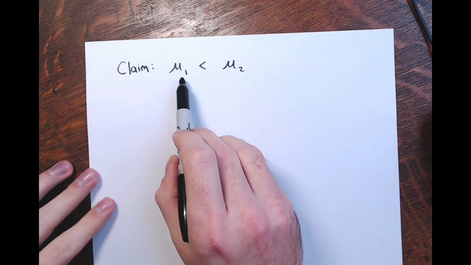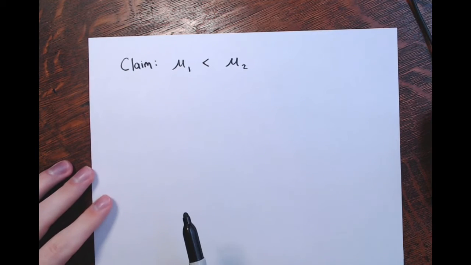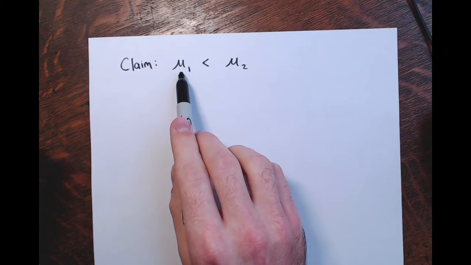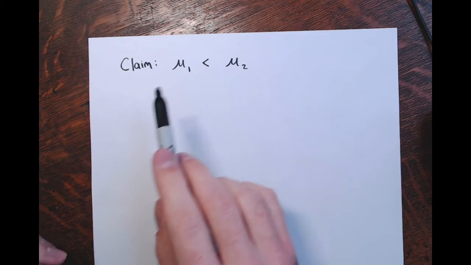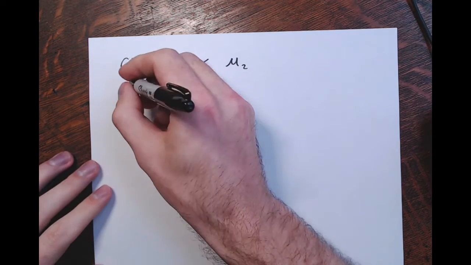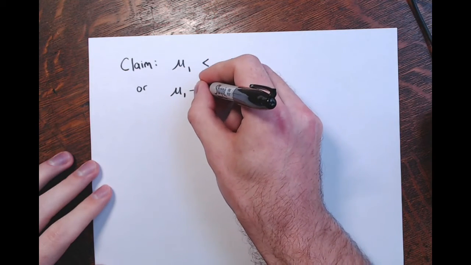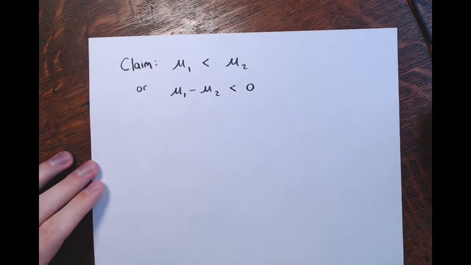Remember, mu1 was for the portfolios with bonds, mu2 was the average for the portfolios with stocks, and this is saying the bonds have a smaller annual return than stocks on average. An alternate way to say this would be that mu1 minus mu2 is less than 0. You could also say this.